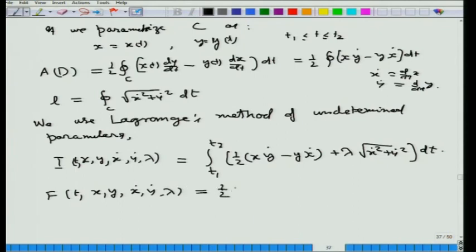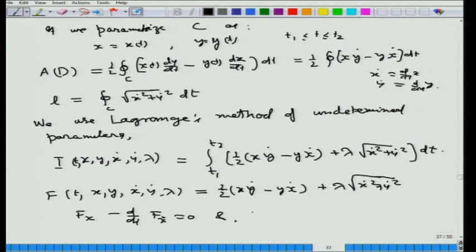So, f is half of (x y dot minus y x dot) plus lambda times the square root of x dot square plus y dot square. And so here we get these equations: f_x minus d/dt of f_x dot equal to 0 and f_y minus d/dt of f_y dot equal to 0, because there are two dependent variables x and y.